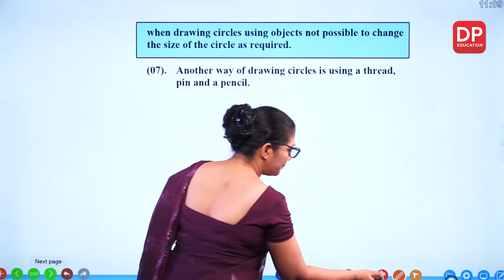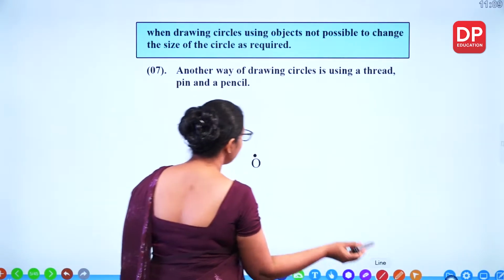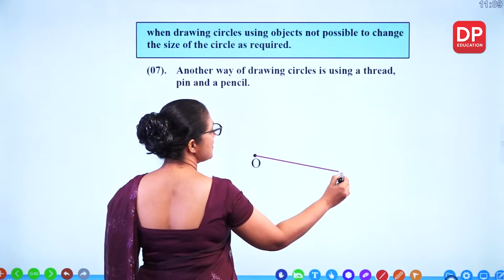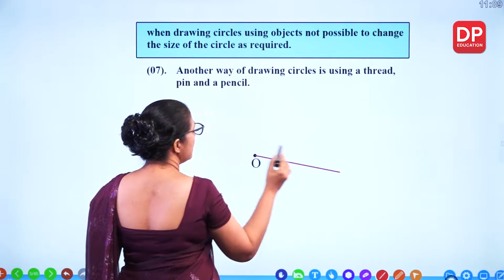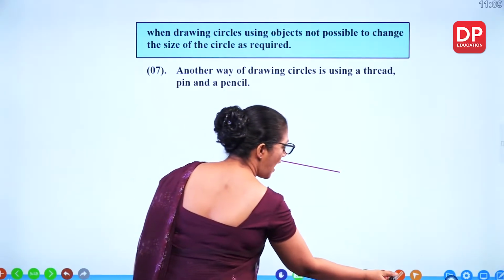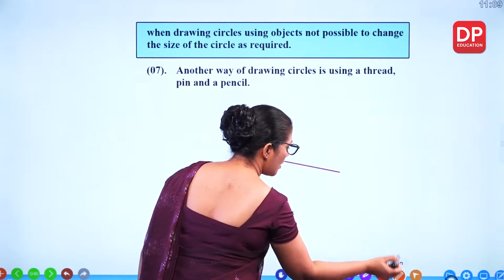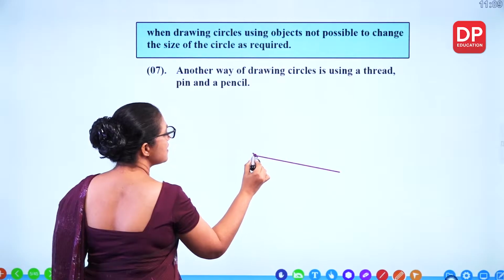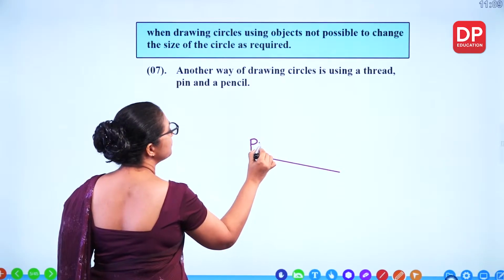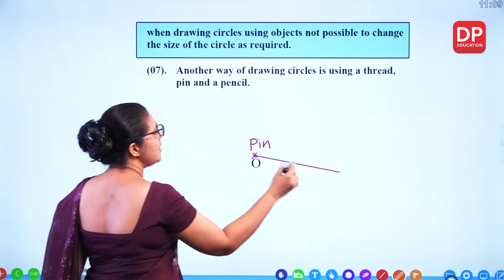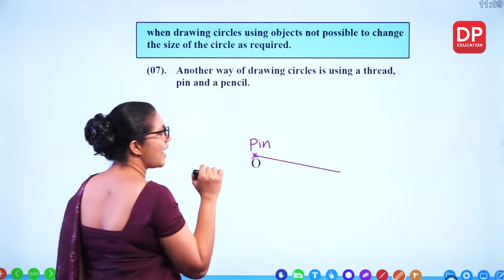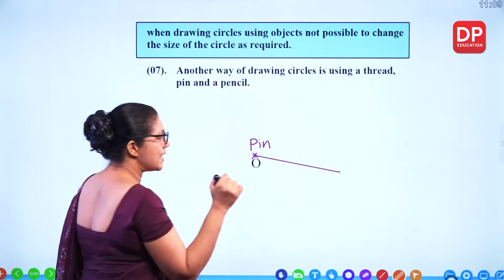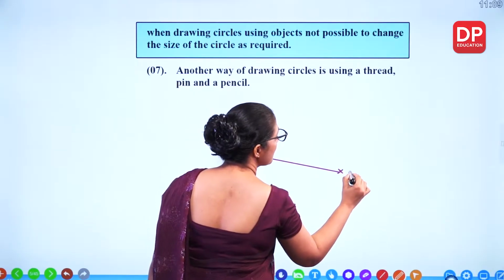Take the thread, attach this thread to a pin here. So this is the pin. And here you can attach the pencil. This is the pencil.